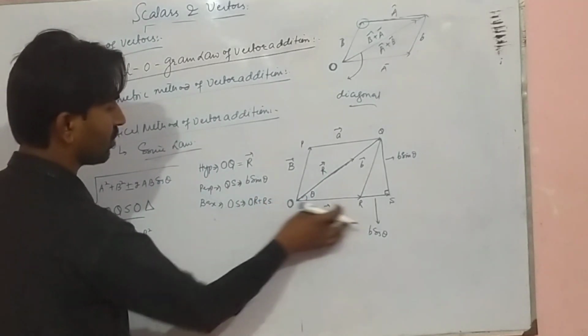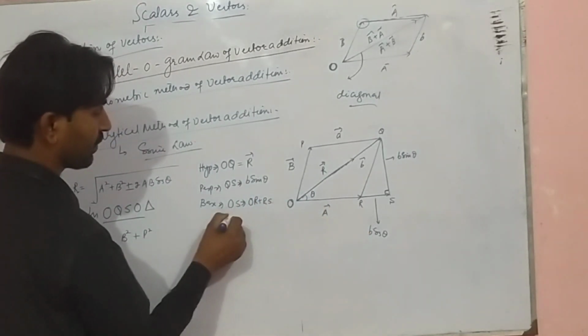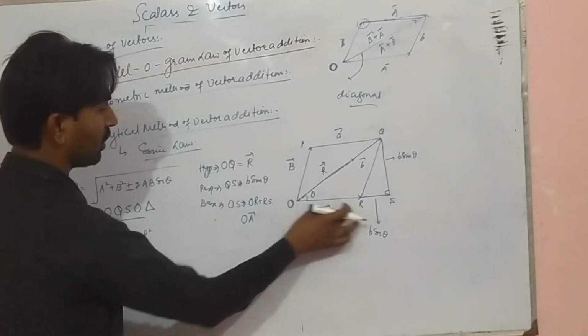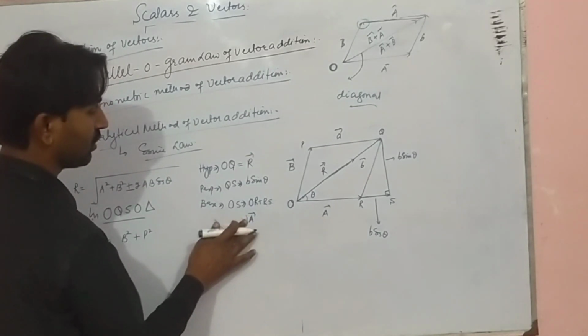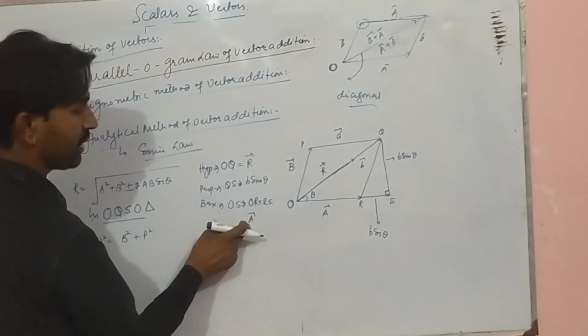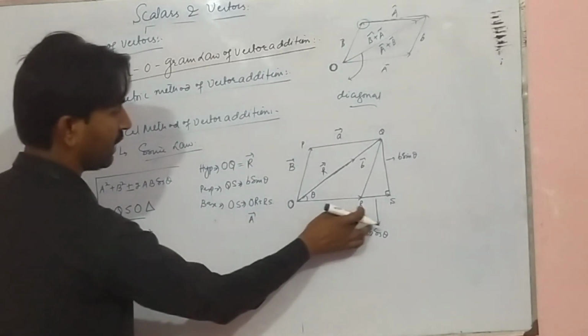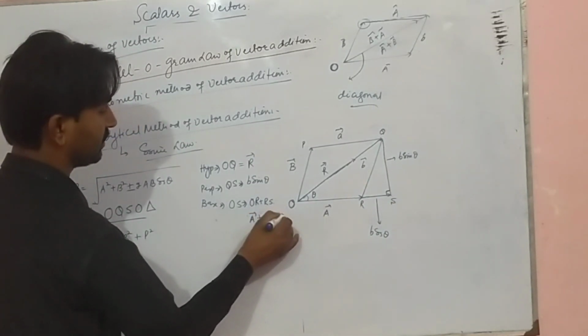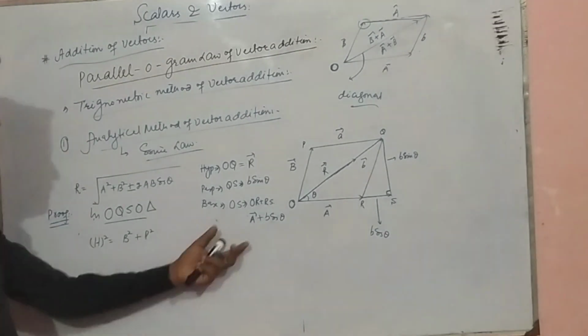What is OR? OR is the A vector. So in place of OR we put A. And RS is B cos theta. So this whole is the base.